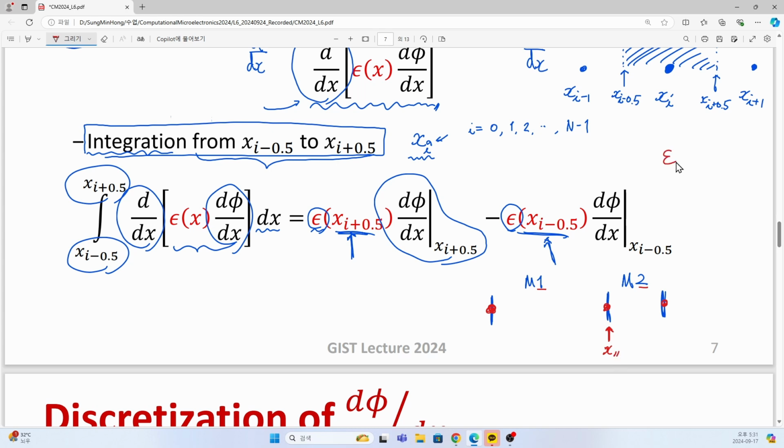If we ask what is epsilon at x sub 11, it would be quite difficult because that is exactly located at the boundary.